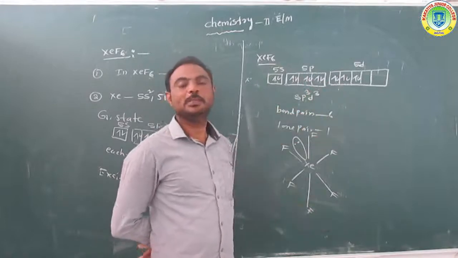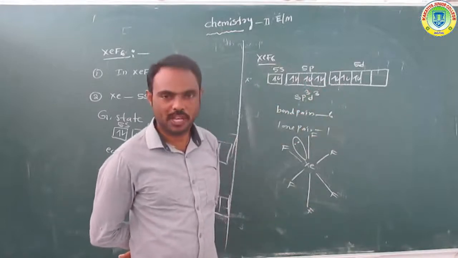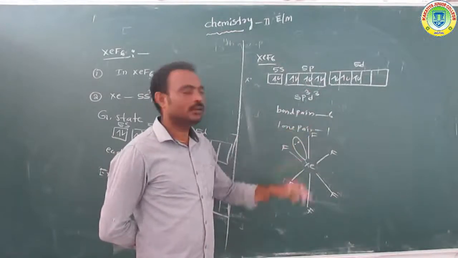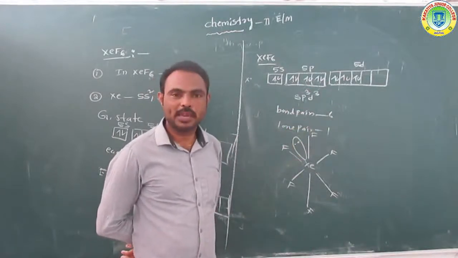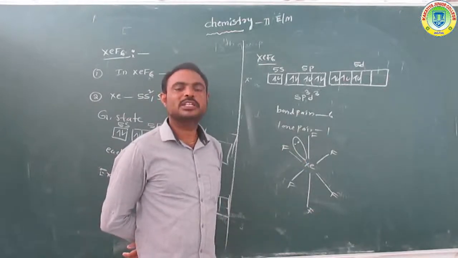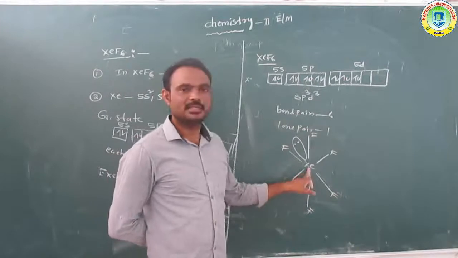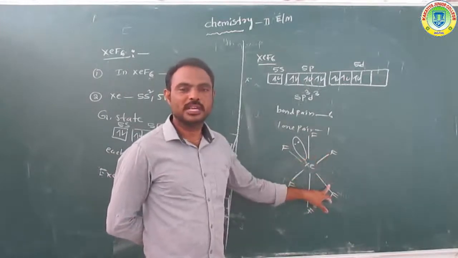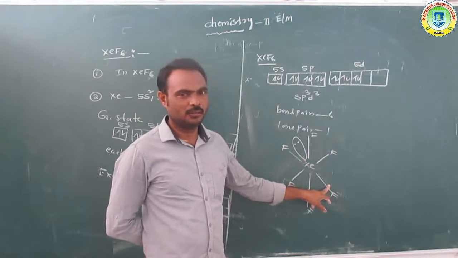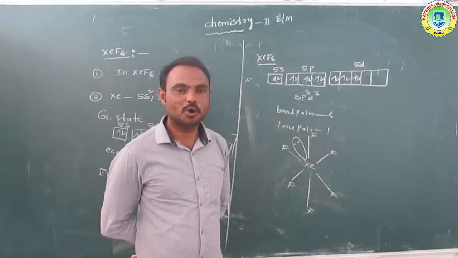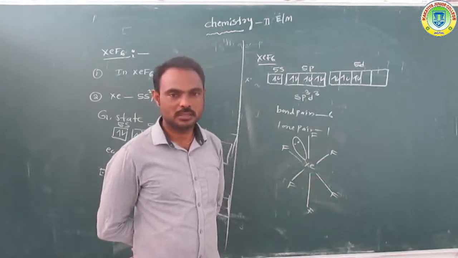sp3d3 hybridization, and it contains 6 bond pairs and 1 lone pair. What is the structure? Xenon is the central atom. 4 fluorine atoms are attached to the 4 corners of xenon with single bonds or sigma bonds.